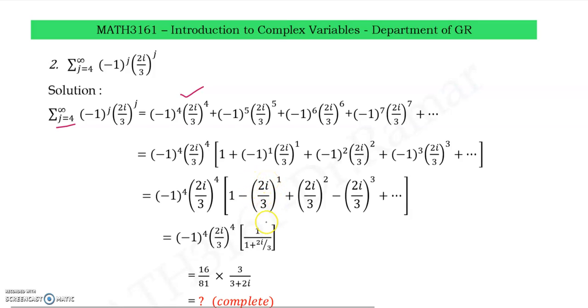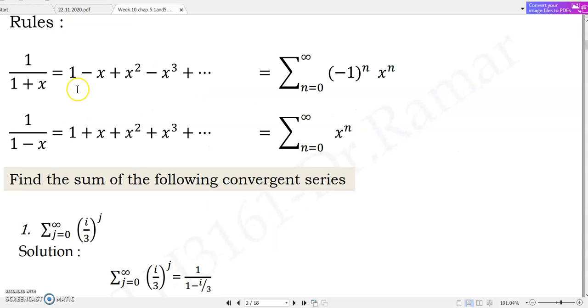So what we can write here: if this is the series 1 minus x plus x squared minus x cubed plus etc., this is the summation form which is equal to 1 over 1 plus x. So we are going to write 1 over 1 plus x in the given problem.